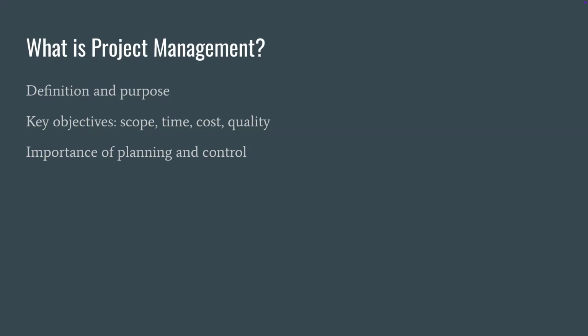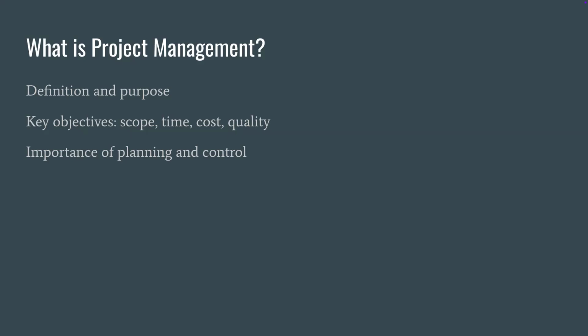What is project management? Project management is the application of knowledge, skills, tools, and techniques to project activities to meet the project requirements. Essentially, it's about driving a project from inception to completion while meeting or exceeding stakeholder expectations.